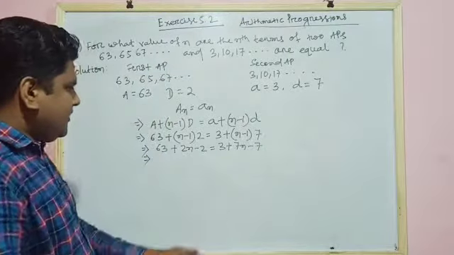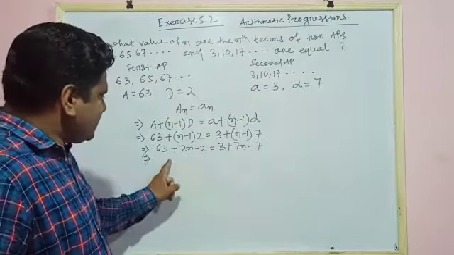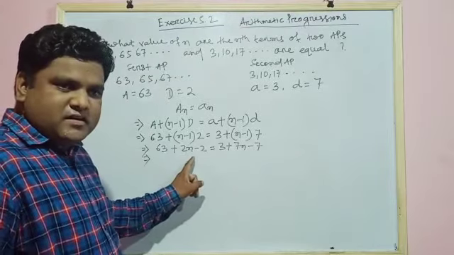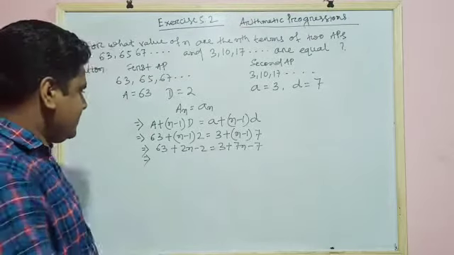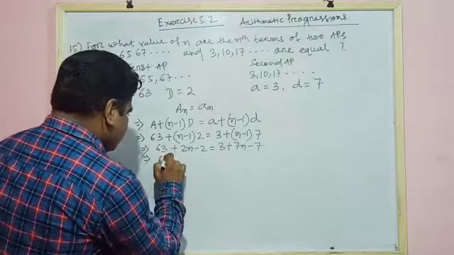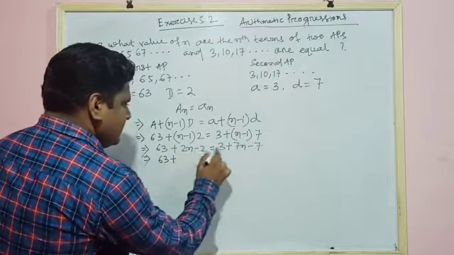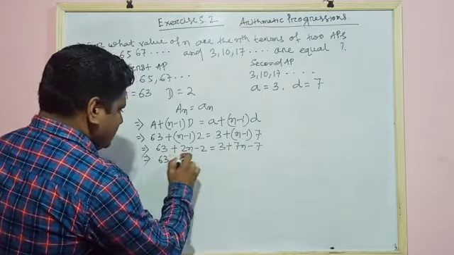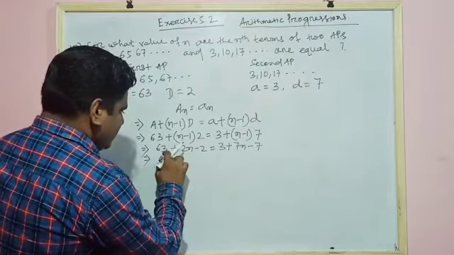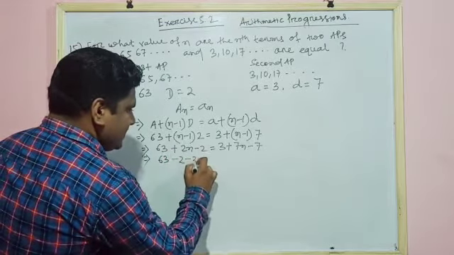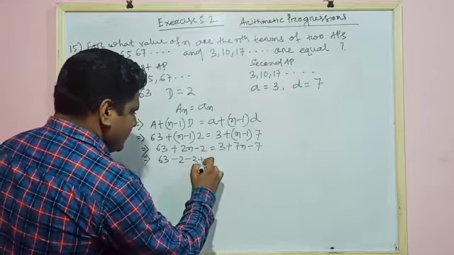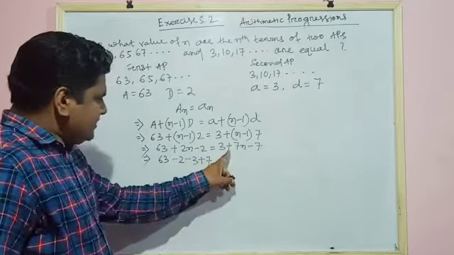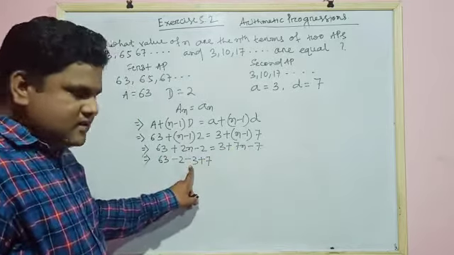Let's take all the constants to LHS and the terms containing the variable n to RHS. It will be 63 and minus 2 is also present here: 63 minus 2 minus 3 and plus 7. When we take 3 towards the LHS, it will be negative.